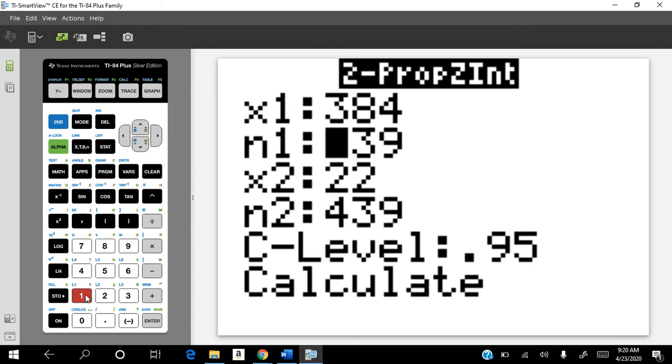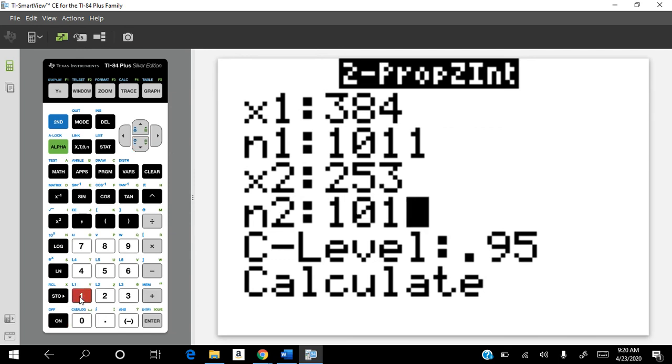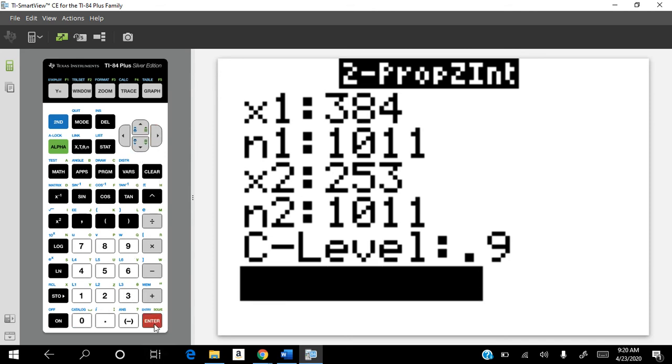And our first sample size was 1011. All right, our X2, it was 252.75, so we're going to round that to 253. And then 1011. Our confidence level is 0.90. And calculate.